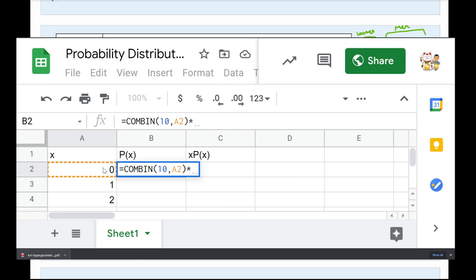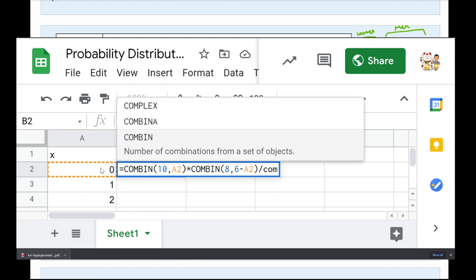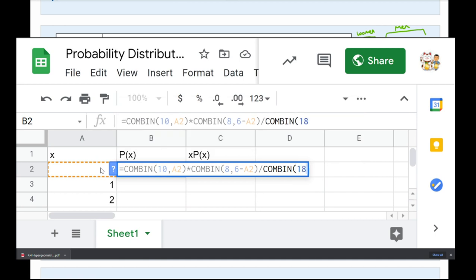I'm going to multiply that by another combination, which is going to be the 8 males, or the 8 men, and I am choosing, in this case, was it 6 minus X, and then I'm going to divide that by a third combination, which is the 18 choose 6.